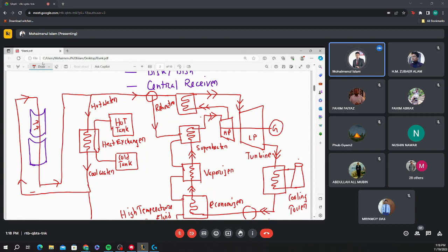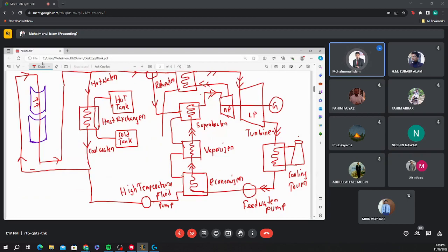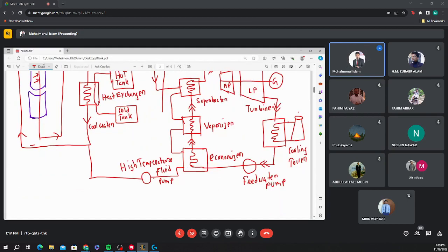We can utilize that hot water when we require, and also we can directly use that hot water to the reheater, right? We can use that water into the reheater to reheat our steam. Also, we can connect it to the outgoing pipe as well.